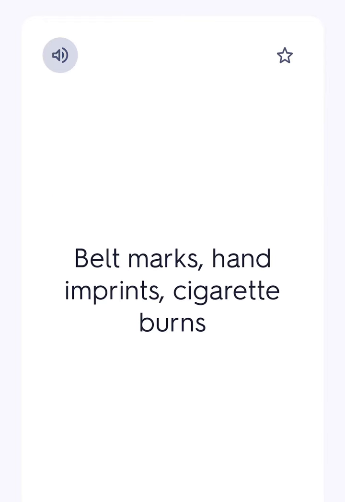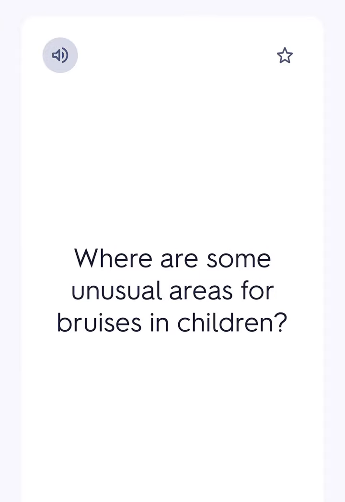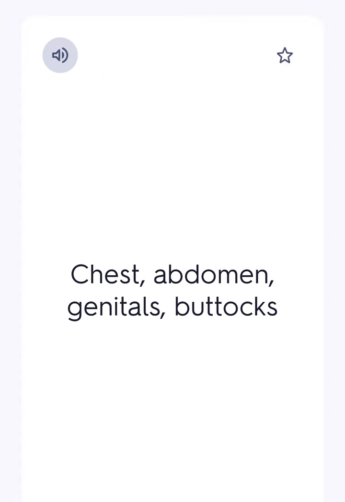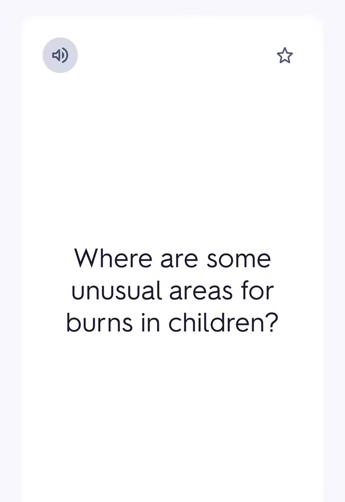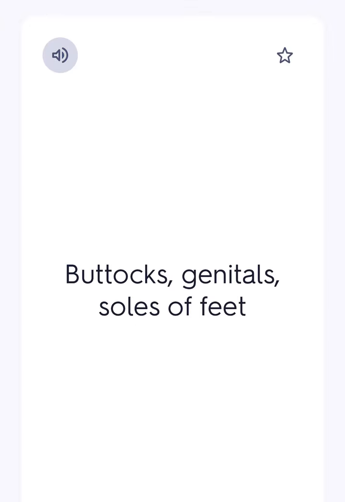Belt marks, hand imprints, cigarette burns. Where are some unusual areas for bruises in children? Chest, abdomen, genitals, buttocks. Where are some unusual areas for burns? Buttocks, genitals, soles of feet.